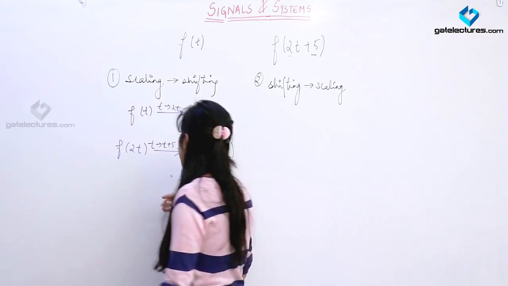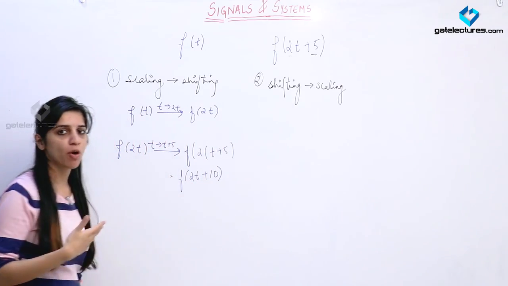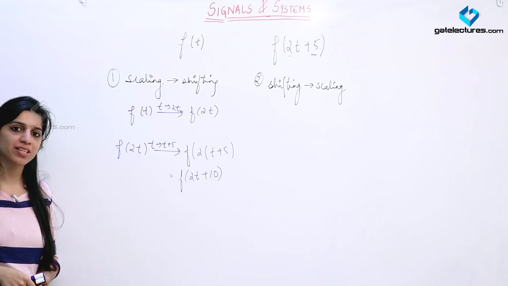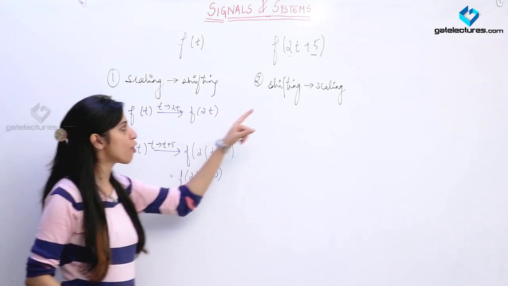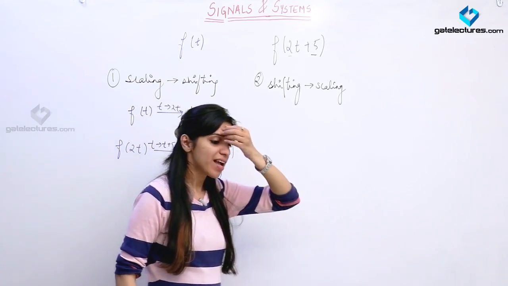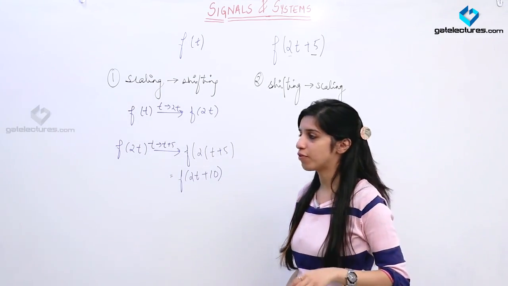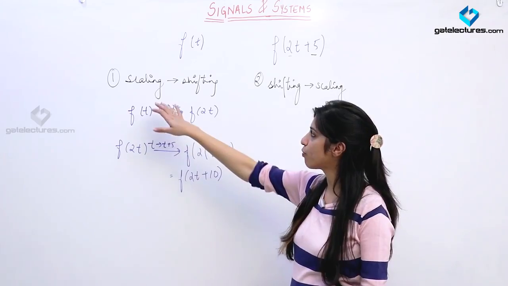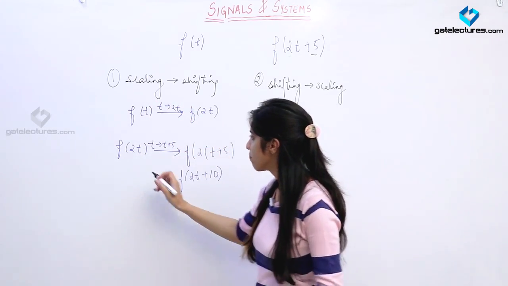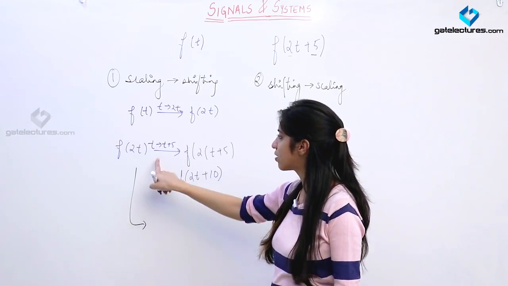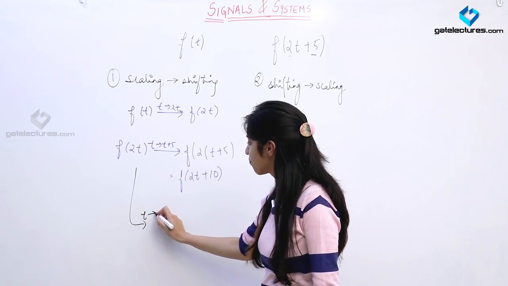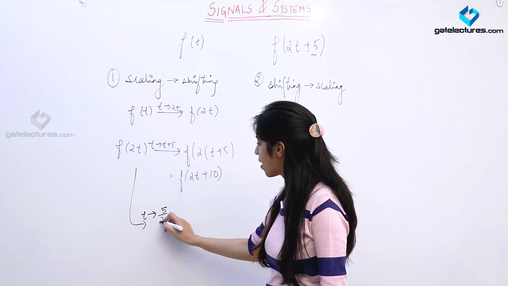This is why the natural order of performing operations, when you are required to scale and shift a signal, is to perform shifting first and scaling second. Now if in any case I had to perform scaling first and then shifting, I should not have shifted the signal by 5. I should have shifted it by 5 by 2.